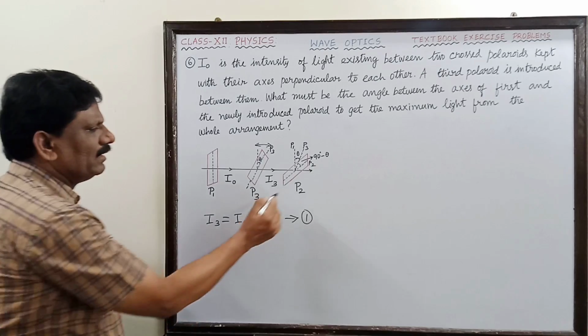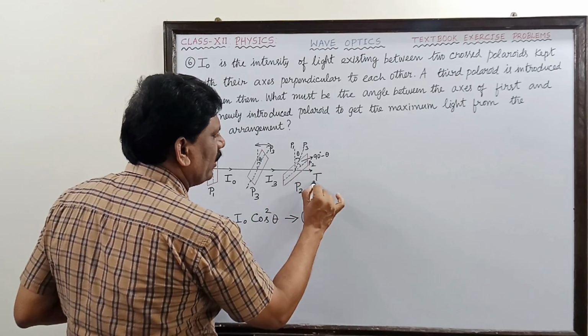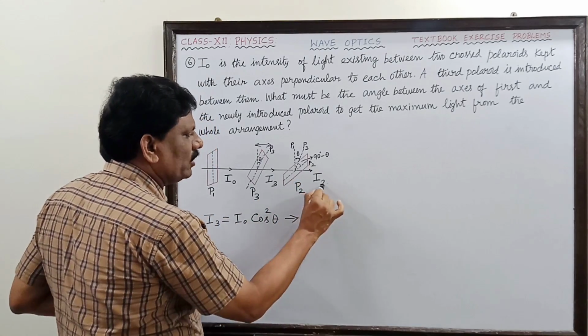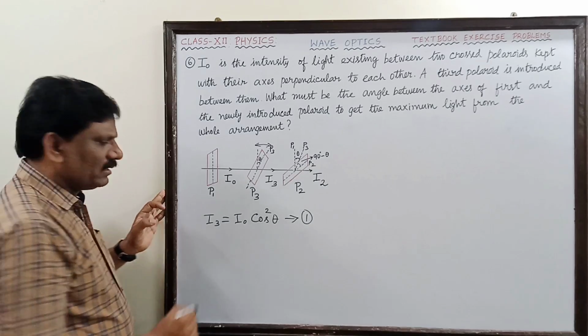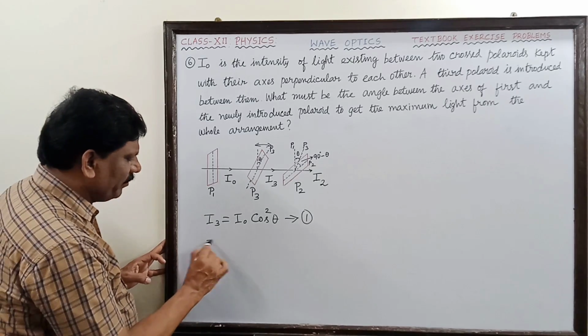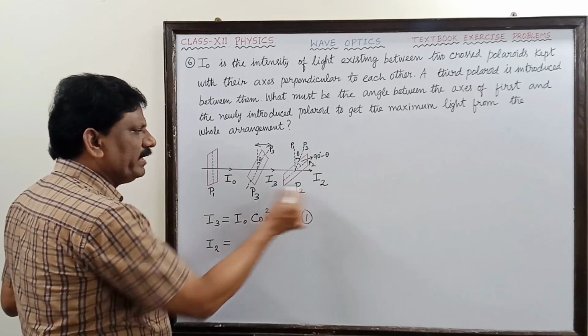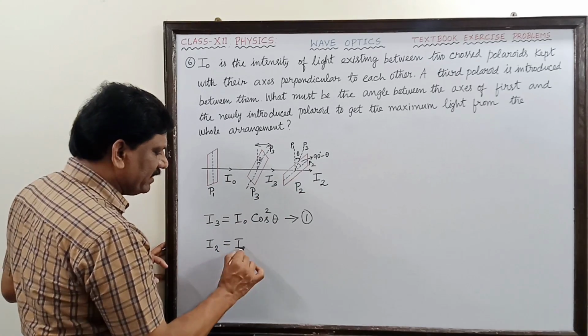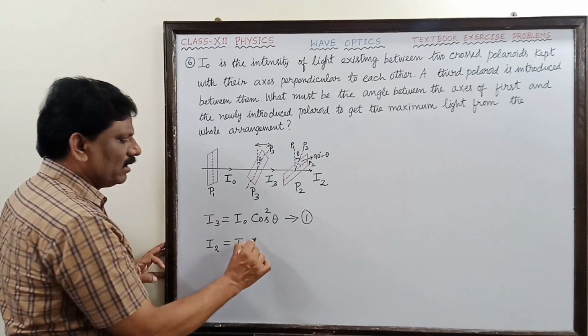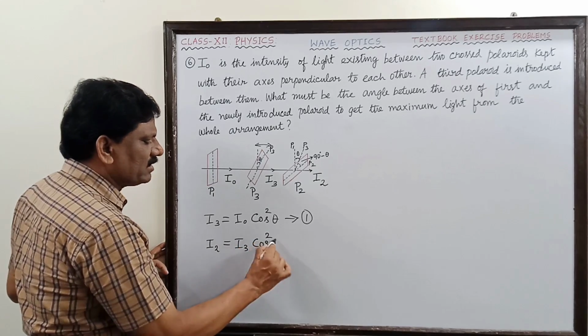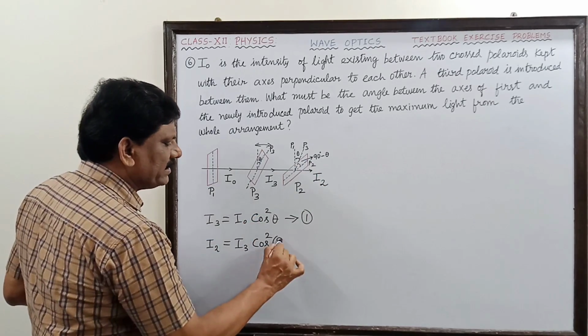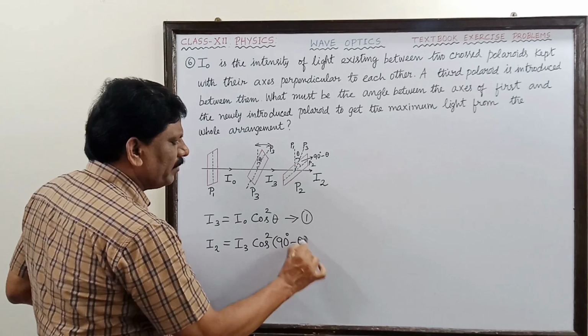So the final intensity coming out of the second Polaroid is I2. Again from Malus law, I2 must be equal to I3 into cos square of 90 minus theta.